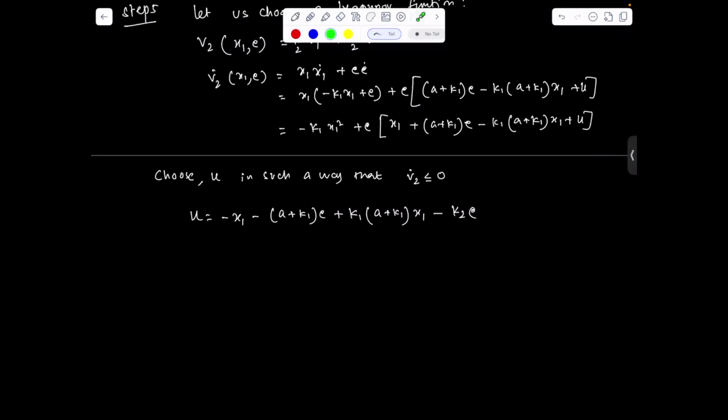This is the term we have added here, which will make the whole term minus k2 e square.